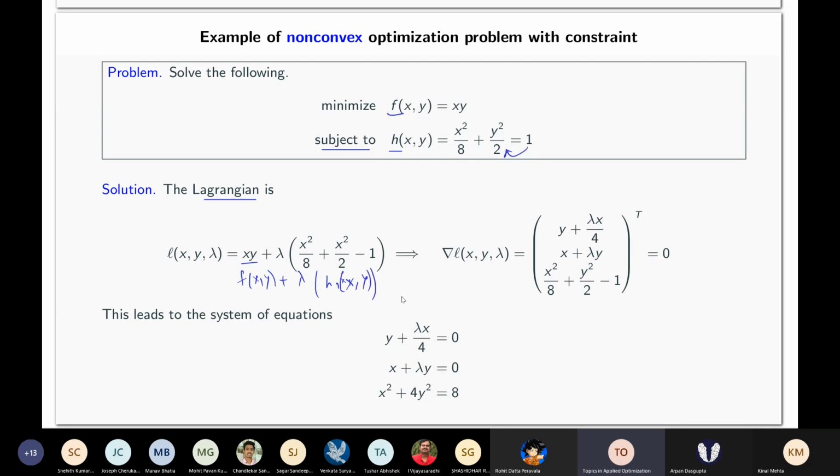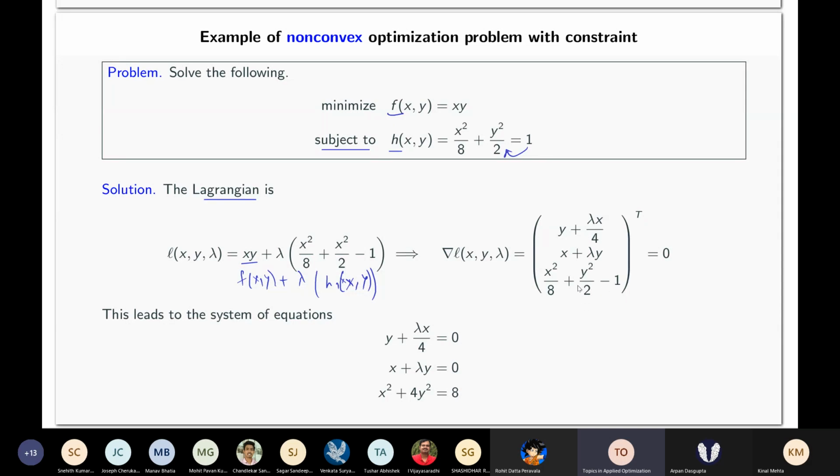So this is the Lagrangian, and we take the gradient of the Lagrangian and also put in the equality constraint.